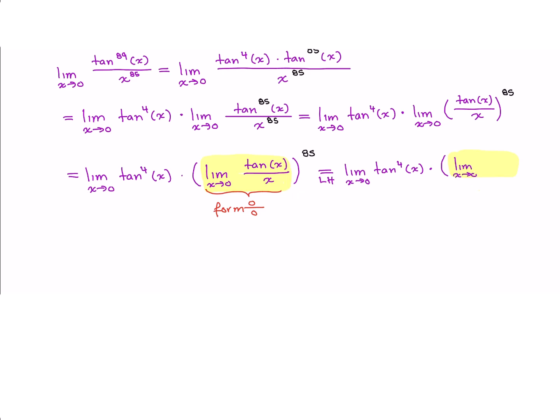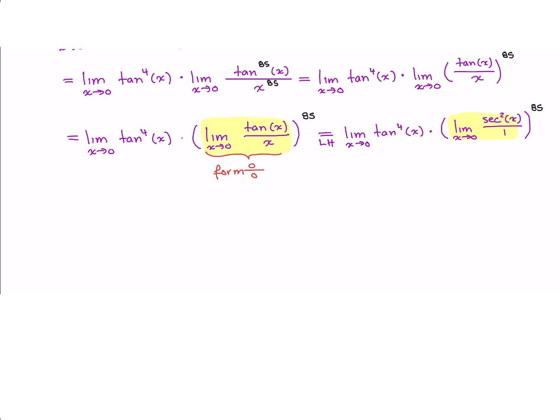Alright, what's the derivative of tangent? Secant squared. What's the derivative of x? It's 1. And still we have this 85. Okay, now there's no longer a problem with this one. Secant of 0 is 1, and we have a non-zero value in the denominator.